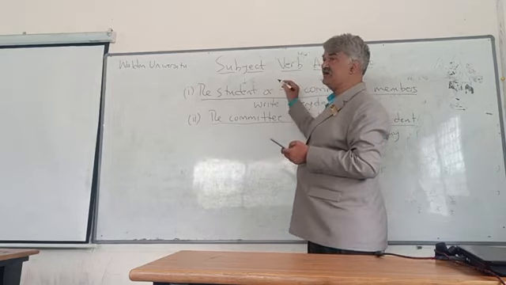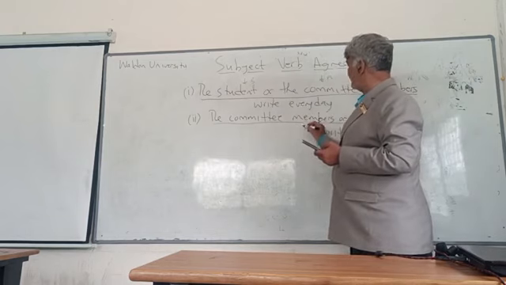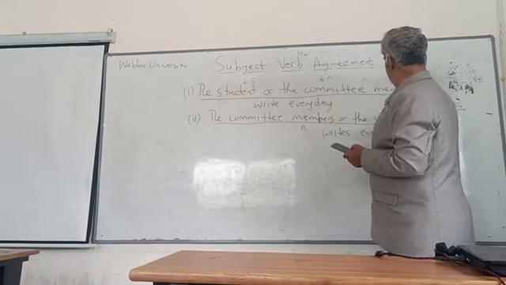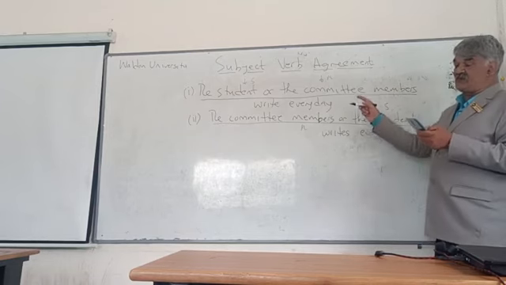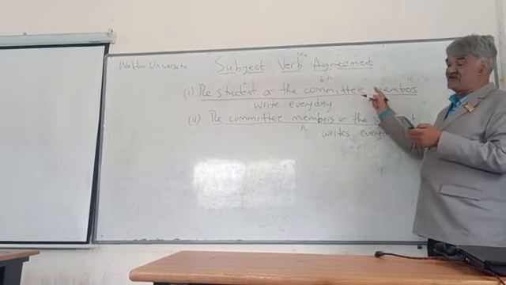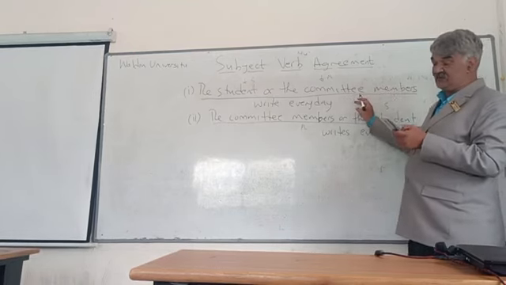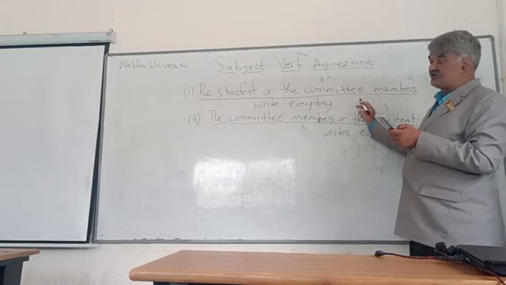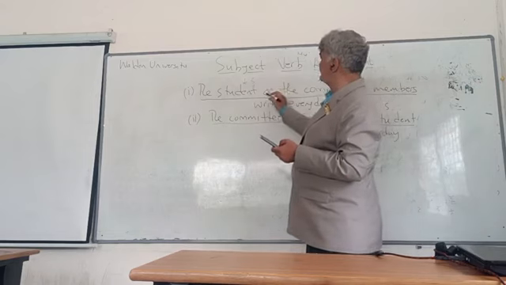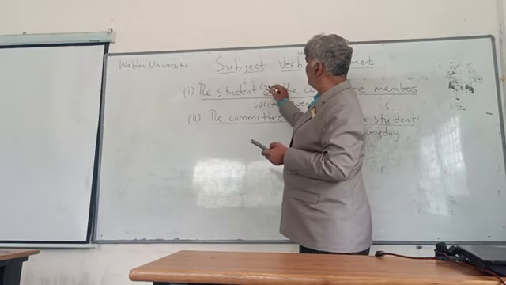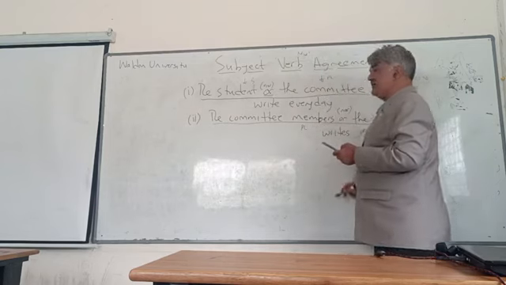But in this sentence, this noun is plural and this noun is singular. Right? So I'll read it again. When a compound subject contains both a singular and a plural noun or pronoun, it can also be pronoun, joined by or not. Now here, these two are joined by or. They can as well be joined by not.